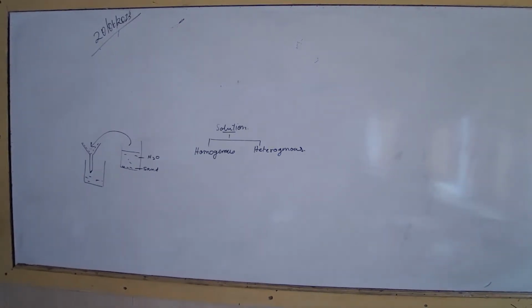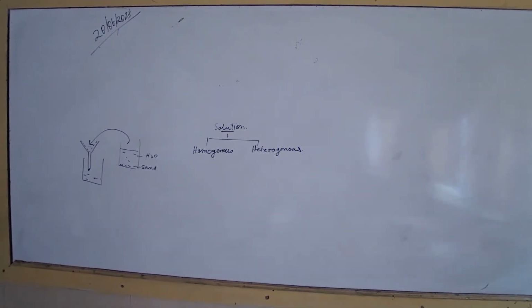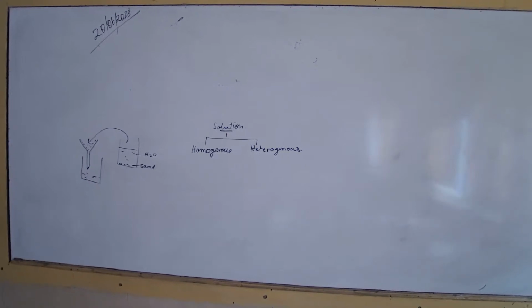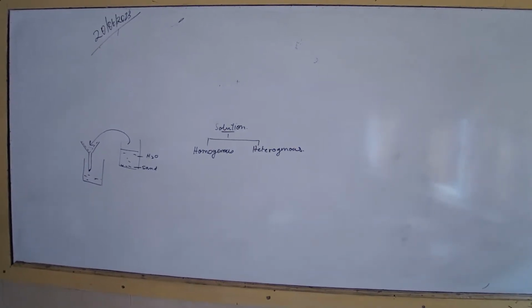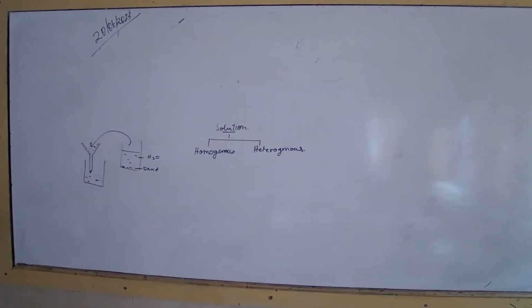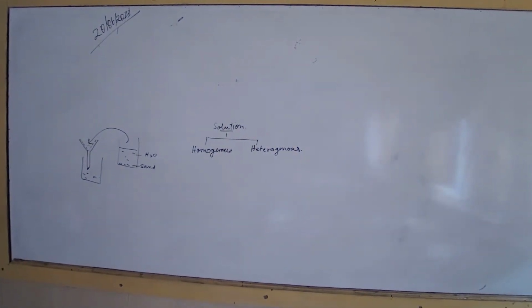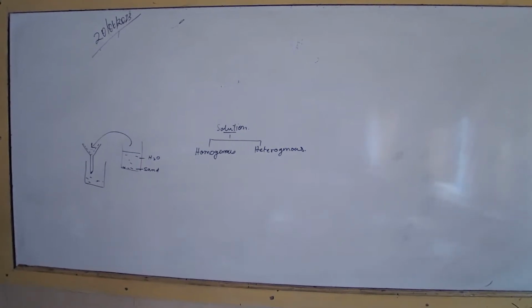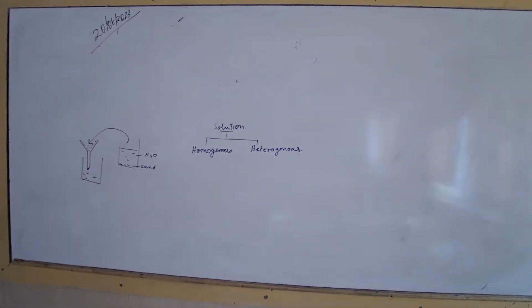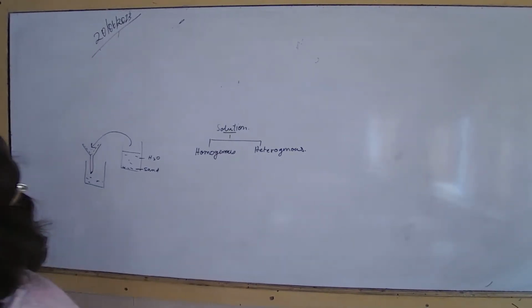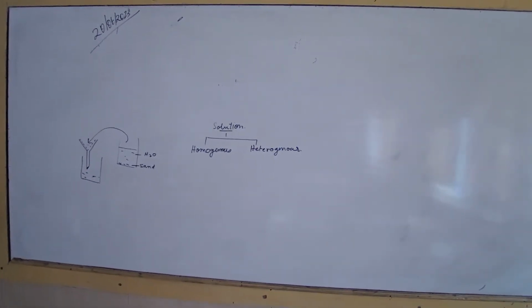So what are the characteristic features of a suspension? Now write down. I'm not asking you to write down fully all the sentences. I'm giving you the key words which you should remember. Your topic will be suspension. First point: it is a heterogeneous mixture.